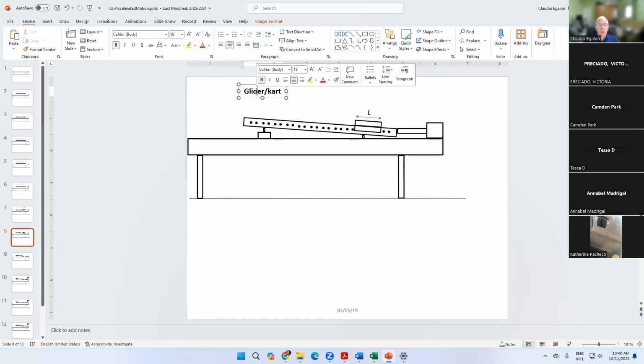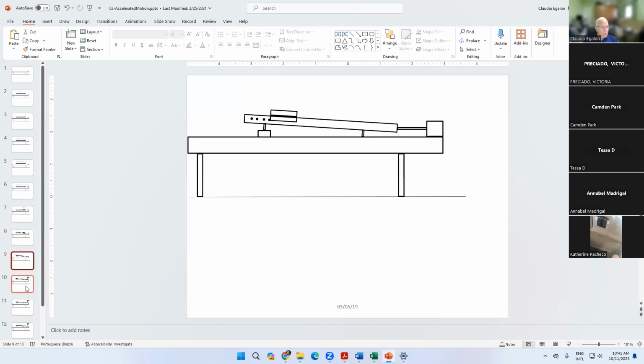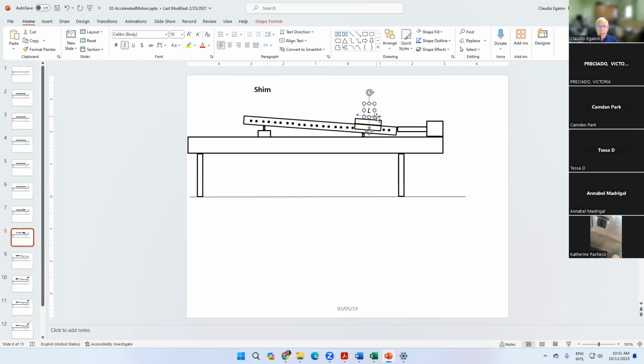Now it's a shim. Shim. Just to raise the side of the track. Yeah, I didn't document that, but I'm going to document that right now. This height here. I don't need the L anymore, right?